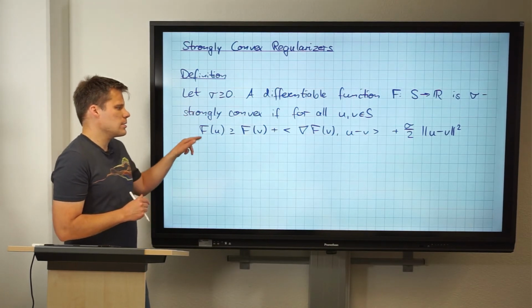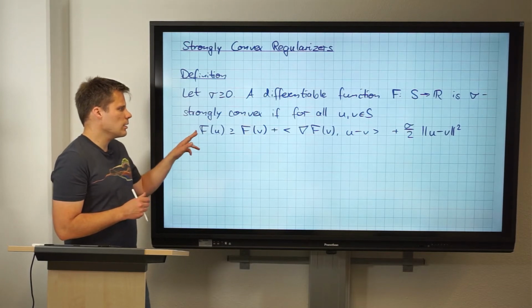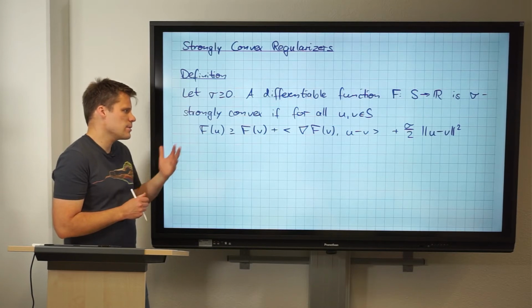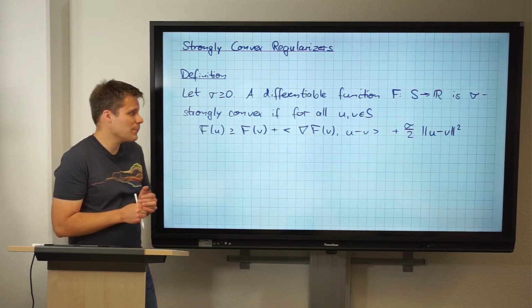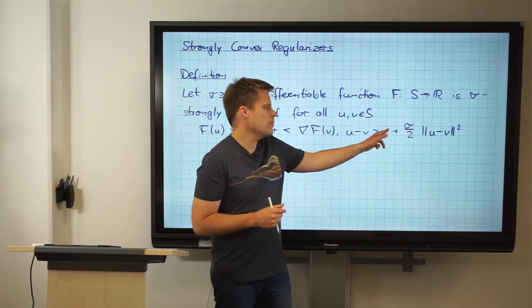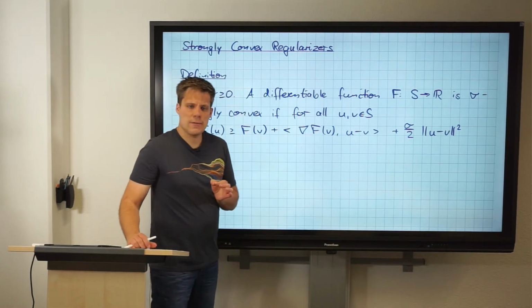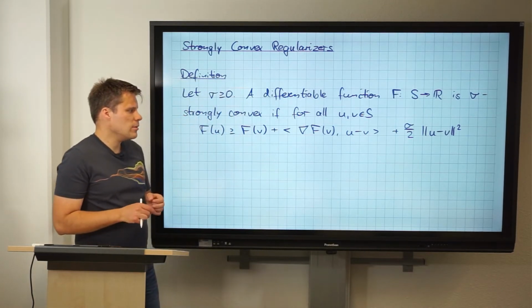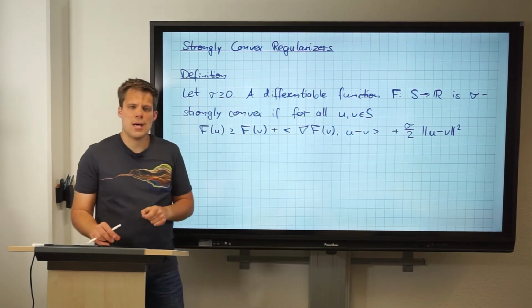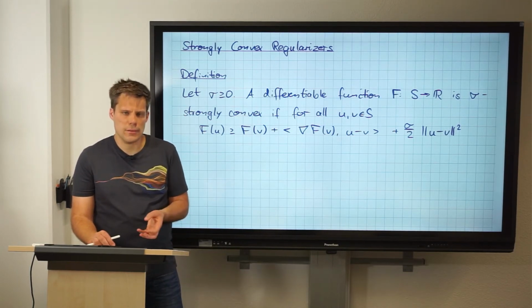Now what does this definition require from us? This looks a lot like convexity, but it is a little stronger than convexity. This is why we call it strong convexity. Namely, what we now have is this further term here. First of all, you see that if sigma is equal to 0, then this is nothing but convexity. So every convex function is also 0 strongly convex.